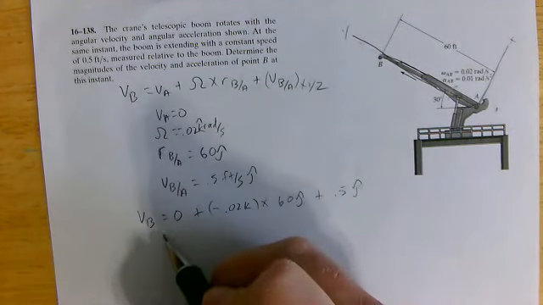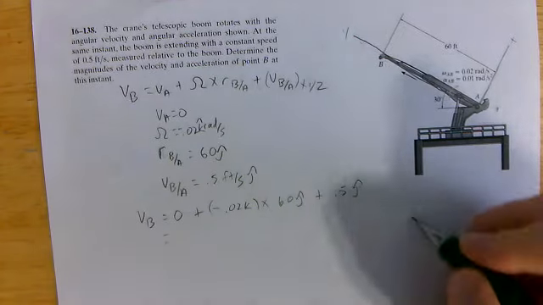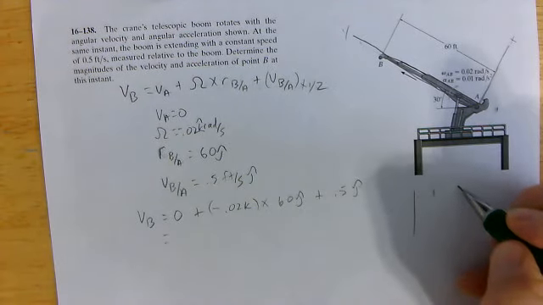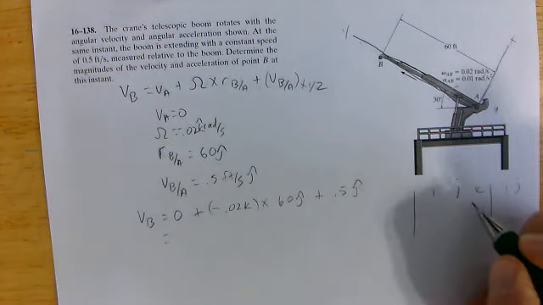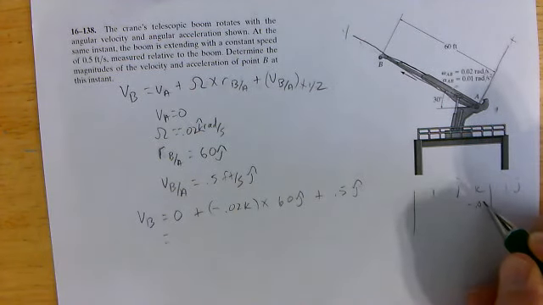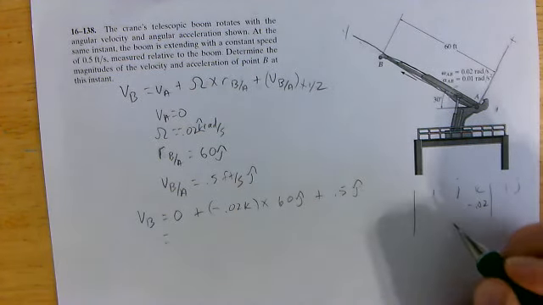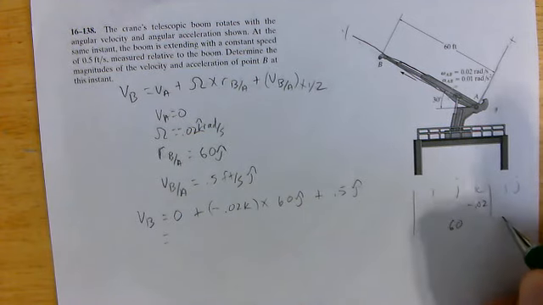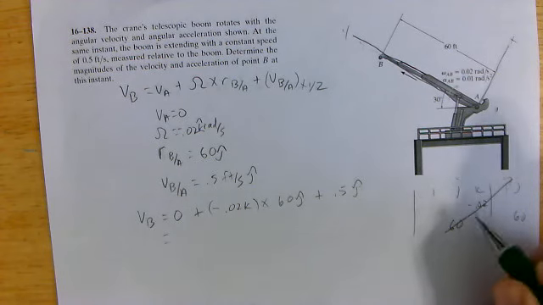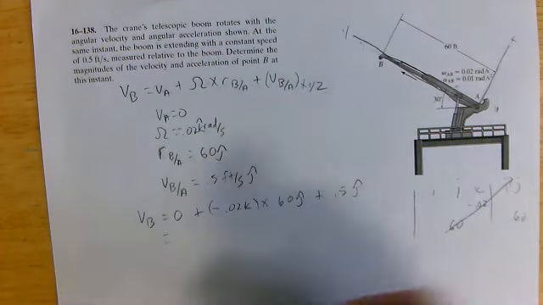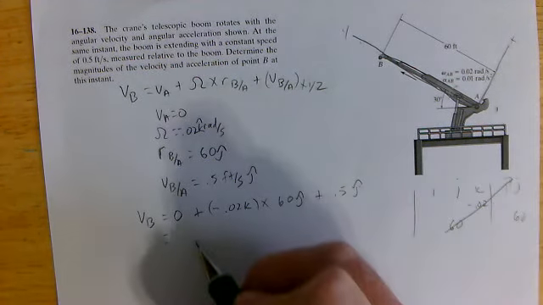So if we do K cross J, it's negative I. And this is negative 0.02 and then 60. So a negative and a negative in the I direction, so it's a positive.